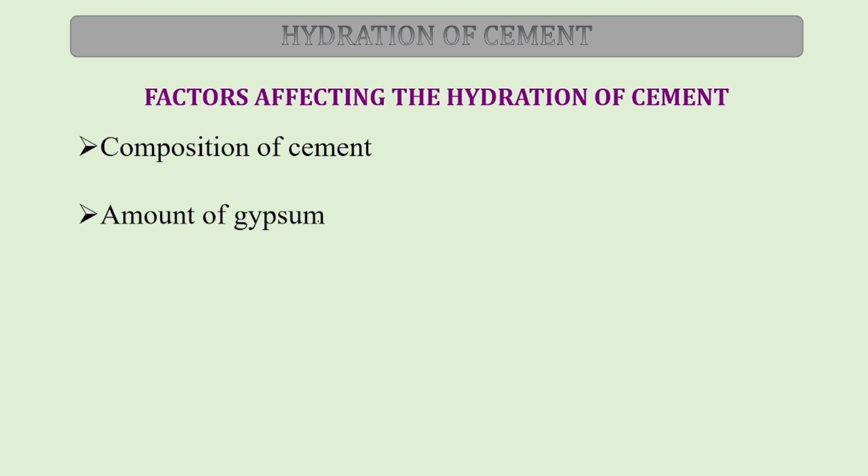As we know that C3A is the fastest to react with water and leads to the condition of flash set, and we do not get any time for transportation and placing of concrete. So, to overcome this situation, we add gypsum so that the solubility of C3A is reduced.